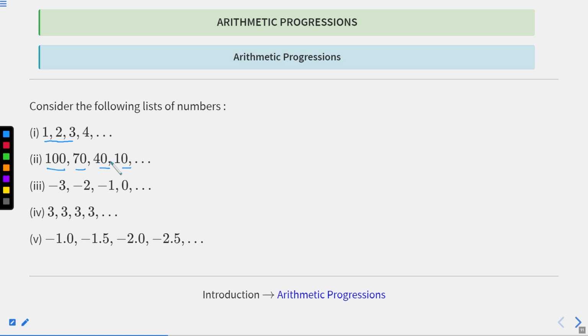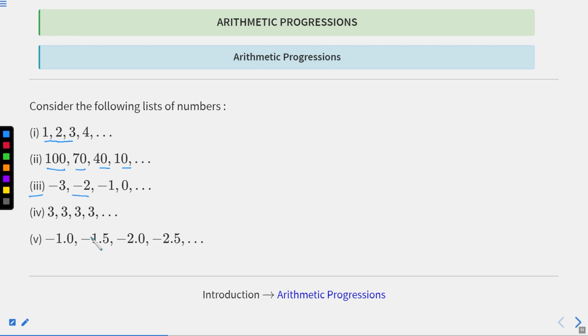In the third one, we have minus 3, minus 2, minus 1, 0, and so on. In this list of numbers, the succeeding terms are obtained by adding plus 1 to the preceding term.